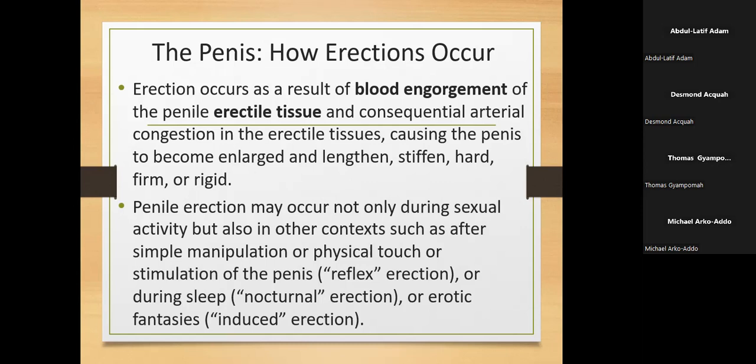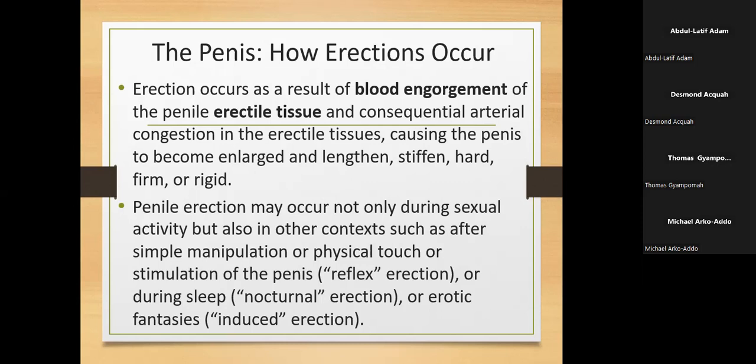If you take a cross section of the penis, it has tissues in there, and those tissues are erectile and also spongy, so there are spaces in between. Those spaces can be filled with blood. Once blood flows into the erectile tissues, they enlarge and become stiff, and we are going to talk more about that. But that is basically how erection occurs.